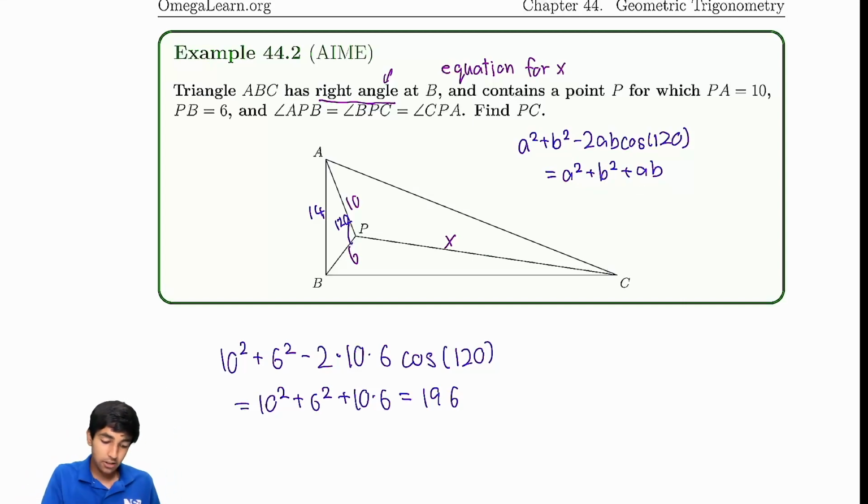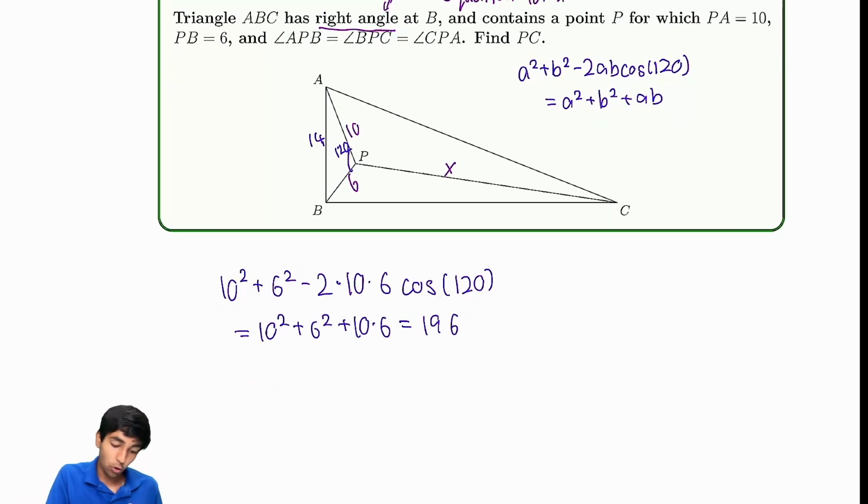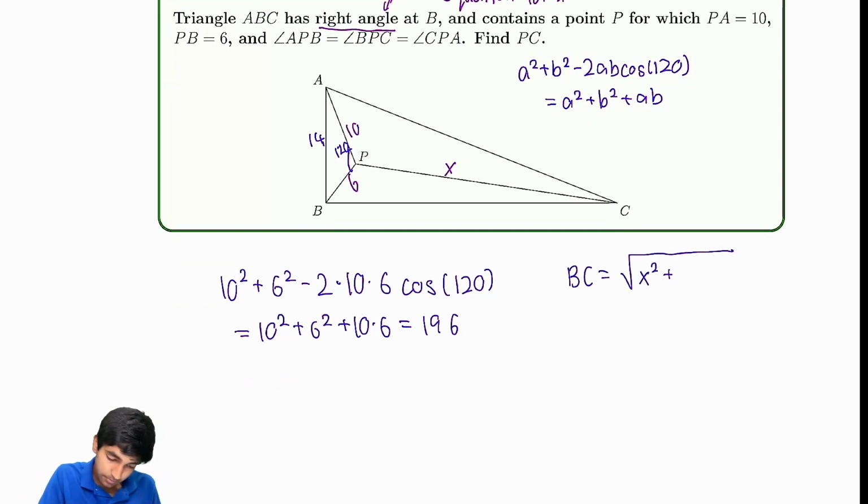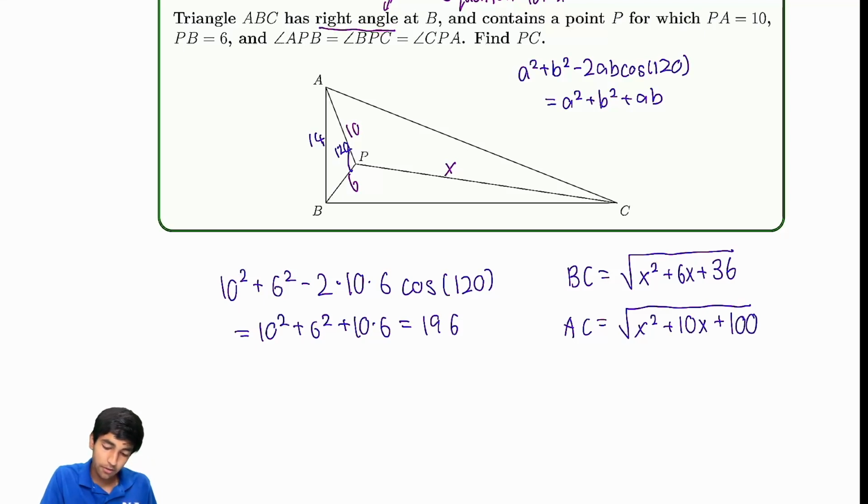And we're going to actually use that later on, so we don't have to go through the cosines every single time. So BC is the square root of x squared plus 6x plus 36, like that. And AC is the square root of x squared plus 10x plus 100.